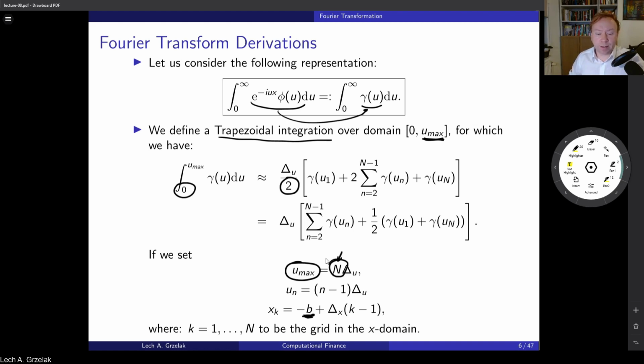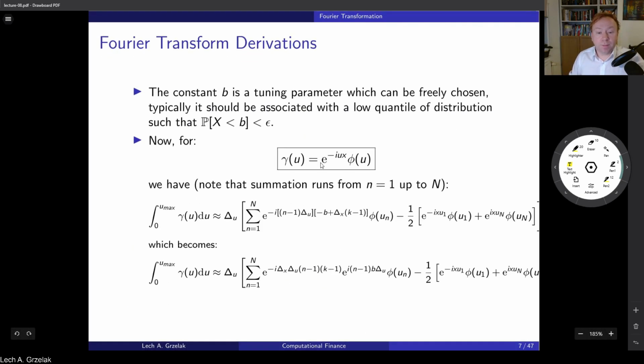Okay, so the next step is that once we have defined these integrals and summations, we can substitute and use our newly defined grid. As you remember, instead of the exponent minus iux, we had gamma, but now it's actually more convenient to go back.